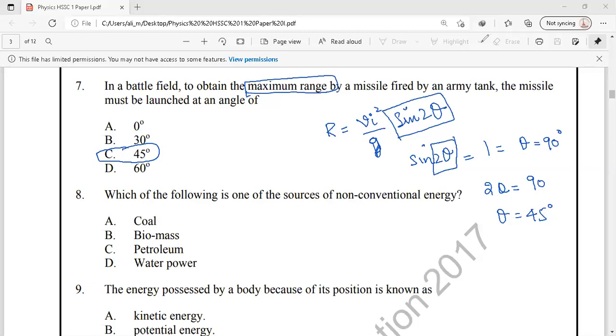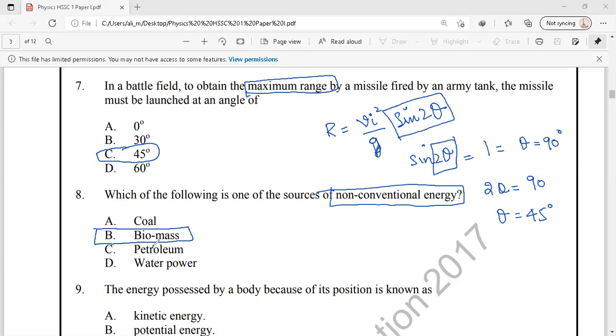Then we have question number 8. Which of the following is a non-conventional source of energy? So the correct answer for this question is option B, biomass.